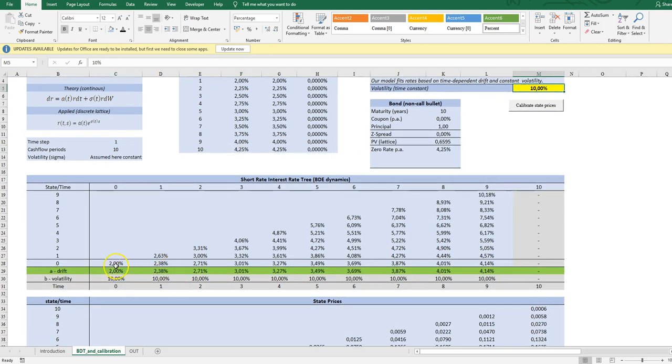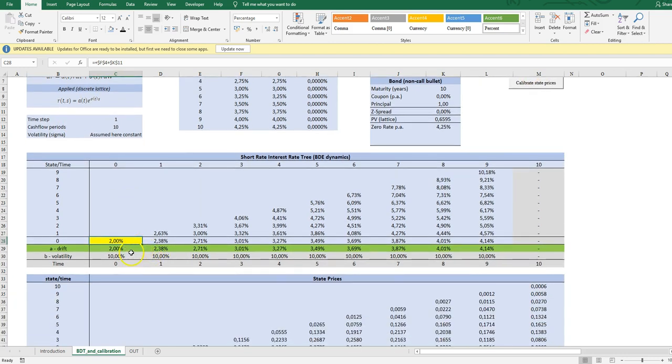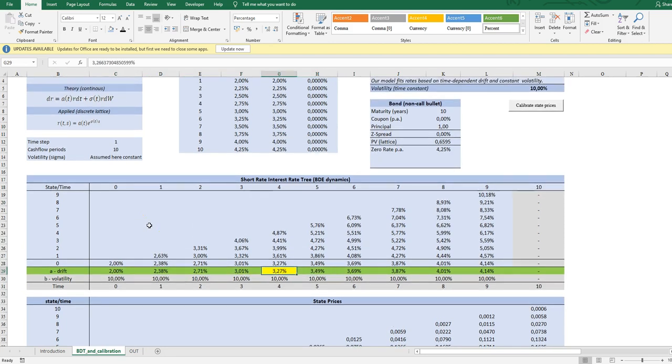With this input we can start building the interest rate tree. Just with this parameter here as sigma, and then as drift for every time, the A, I just arbitrarily choose some values.